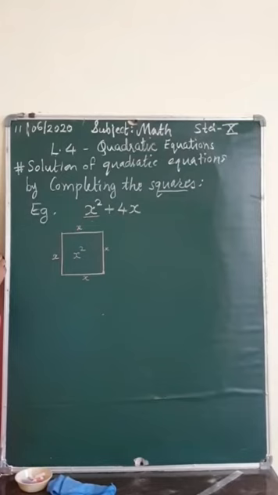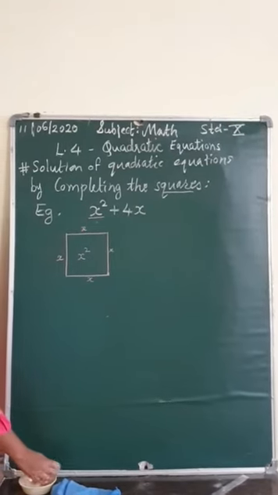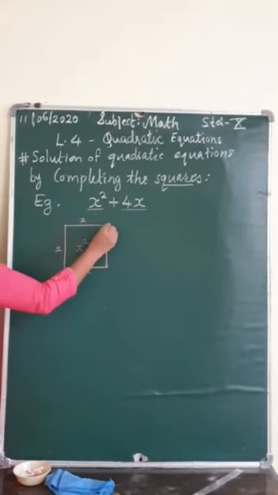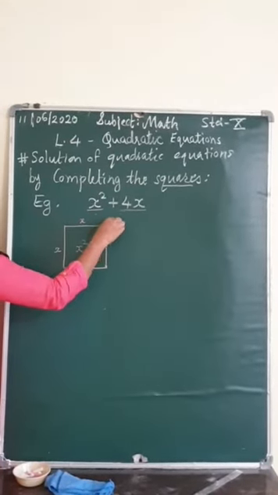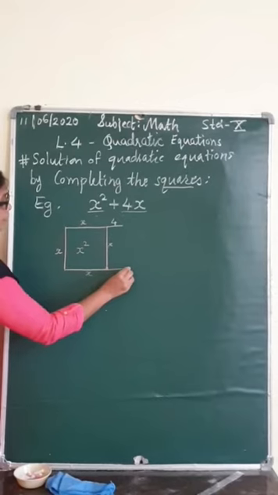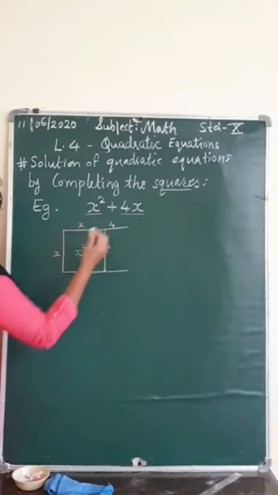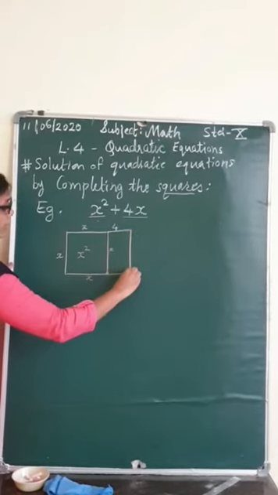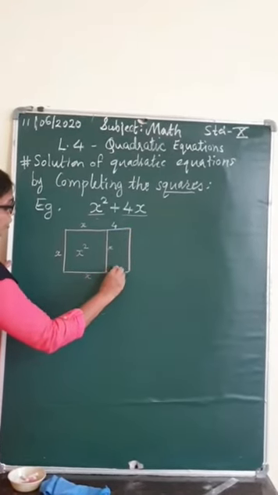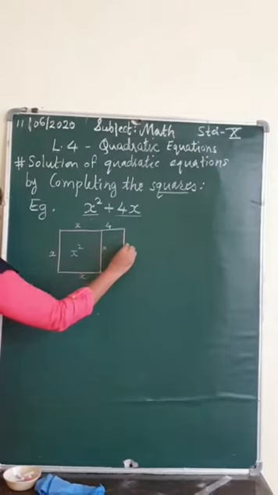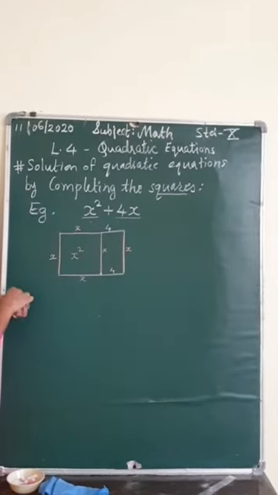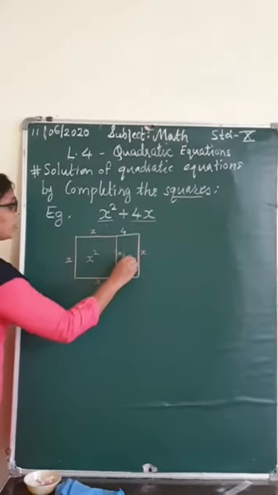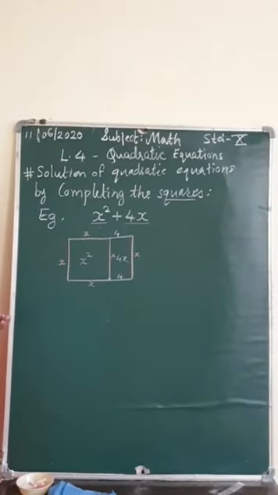Now how to represent 4x? Here we have x and suppose this is 4, and then we get a rectangle, with 4 and x, so the area of the rectangle is 4x.